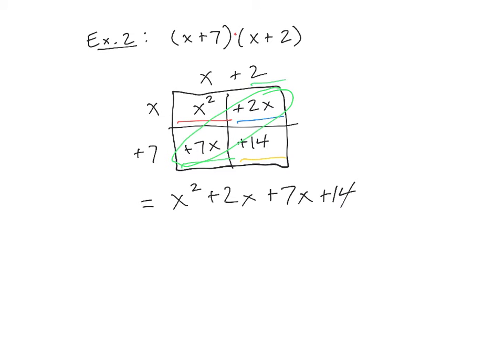It's on this diagonal where you're going to end up with 1x and one number. So when we combine that like term, 2x plus 7x, I'm going to add that together. 2x plus 7x, what does that make? Enter your answer when you're ready. Yeah, 2x plus 7x would make plus 9x, so I have x squared plus 9x plus 14.